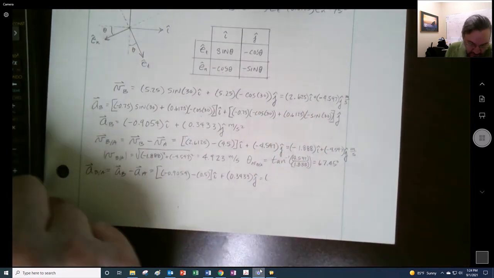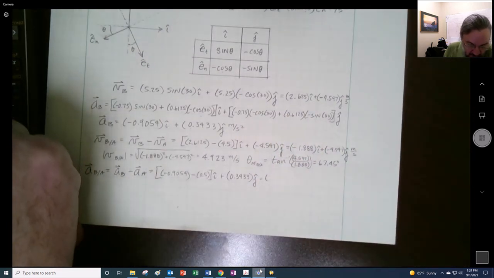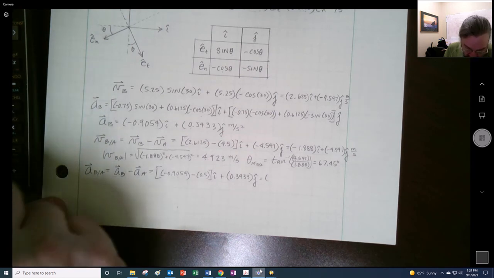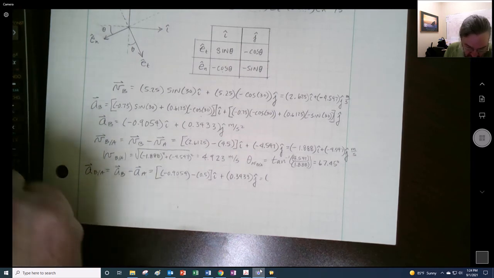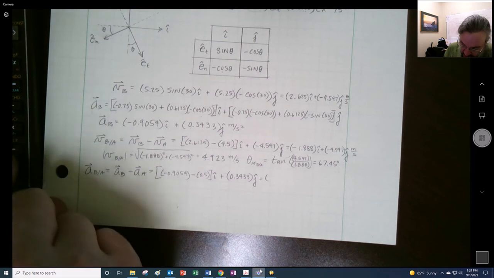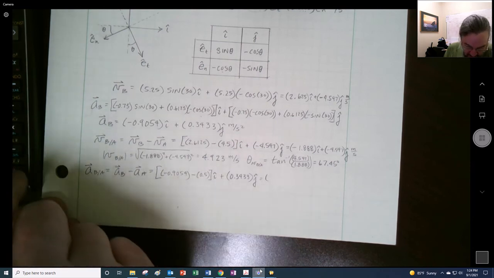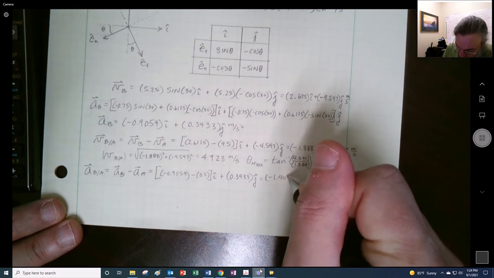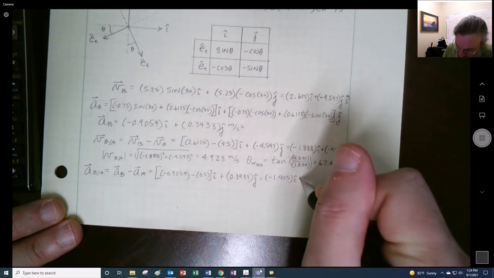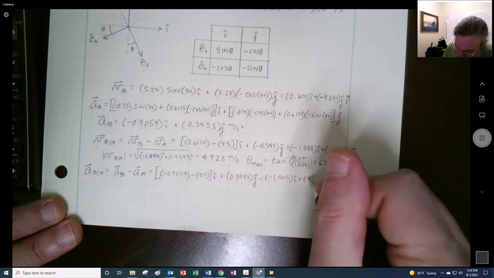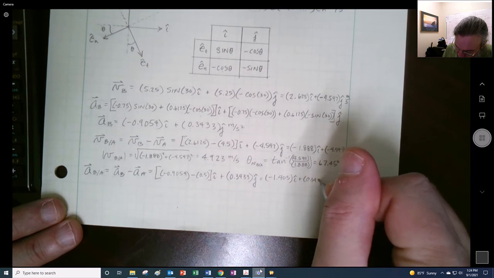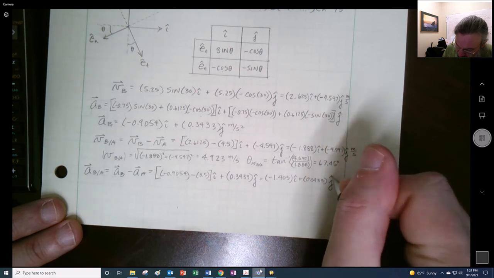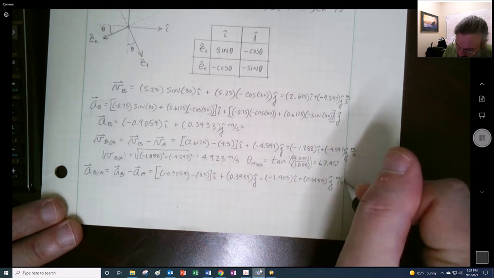So it's 0.9054 plus 0.5, we have a negative 1.405 I plus 0.3433 J meters per second squared.